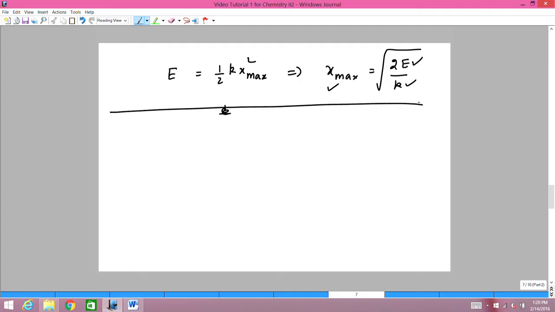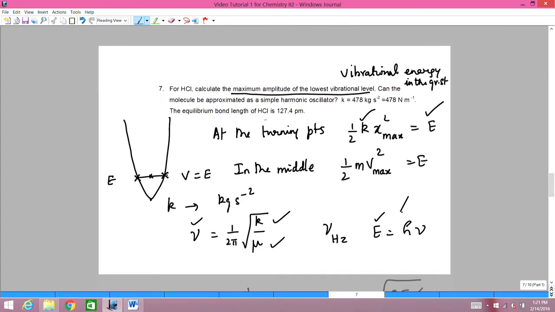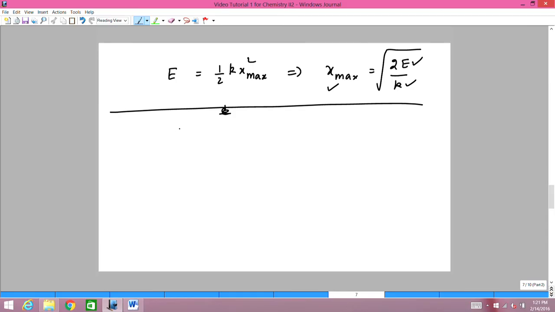Now, why are we given the data? Equilibrium bond distance. Equilibrium bond distance is 127.4 picometers, meaning it is 127.4 into 10 raised to minus 12 meters.